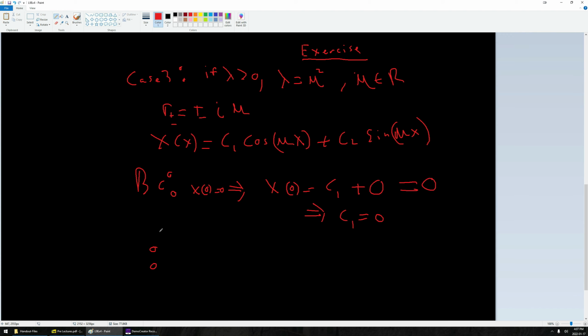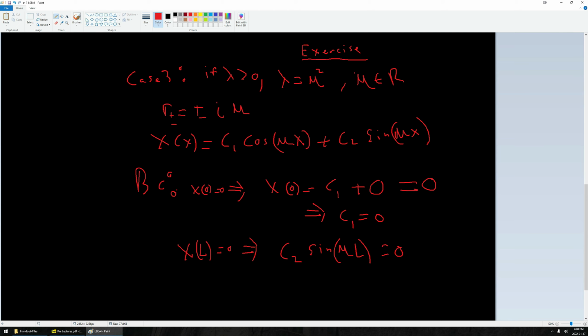For the other boundary condition, X of L has to be 0. Let's see what this tells us. Since c1 is 0, c2 times sine of mu L has to be 0.